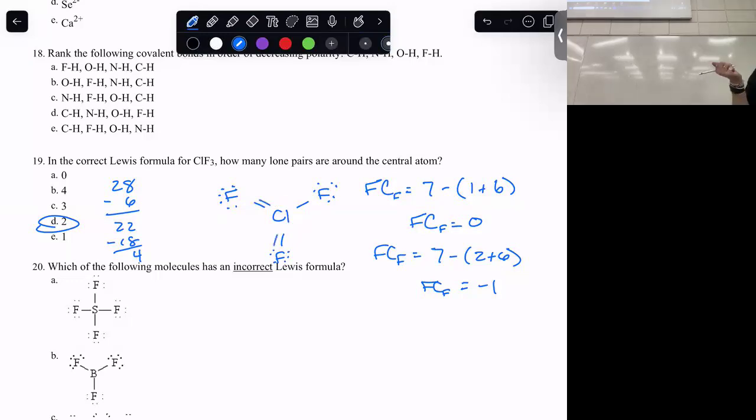That uses those 4 electrons, but now we've created 5 bonds to fluorine, and that throws off the formal charge for chlorine as well. Is everyone okay with question 19?